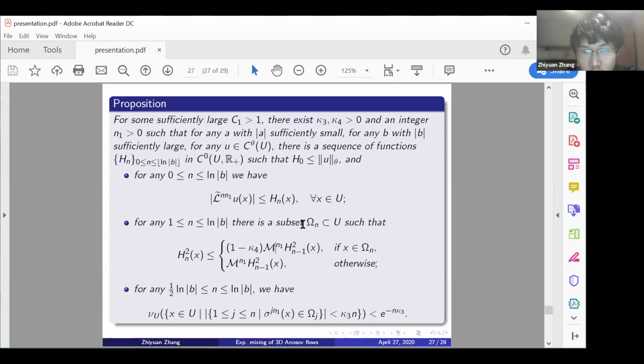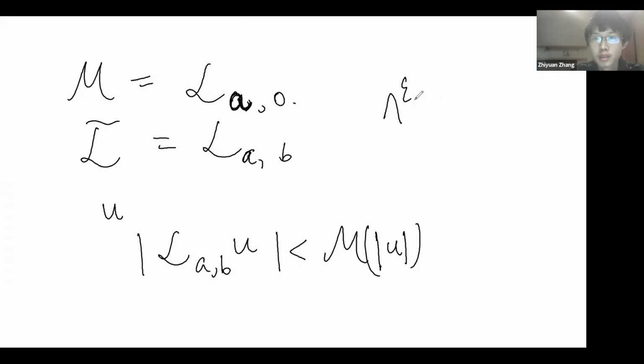These subsets omega_n, you can think of as a union of a lot of intervals of this size.